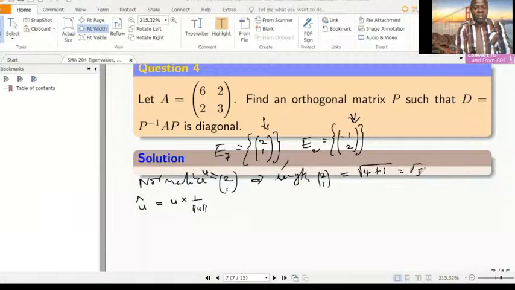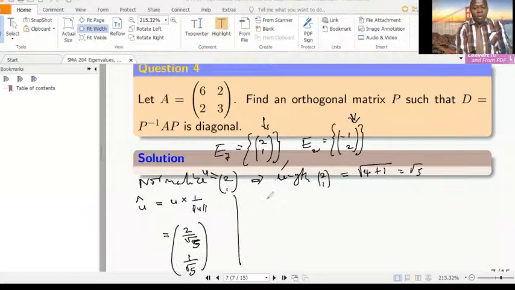And the length of u is what we found to be root 5. So this gives us 2 over root 5, and then 1 over root 5. So this is our normalized vector.